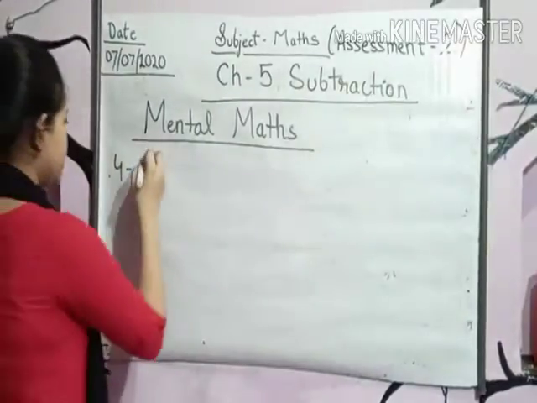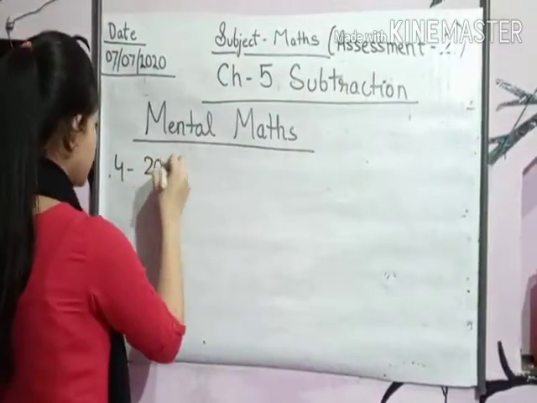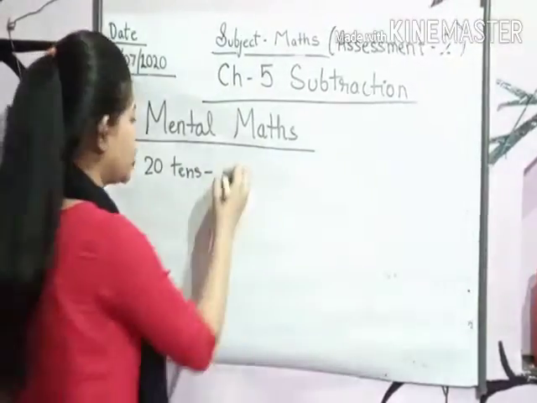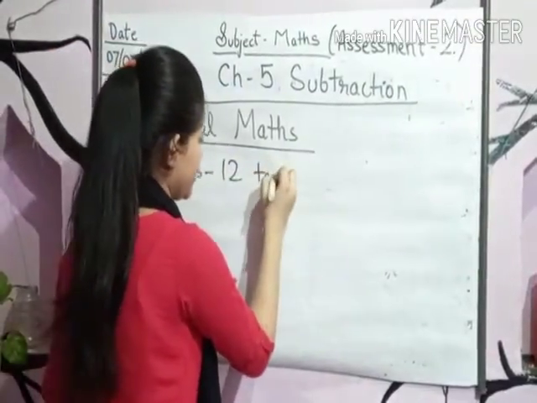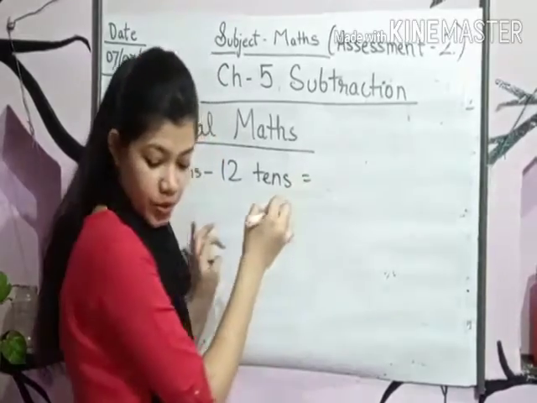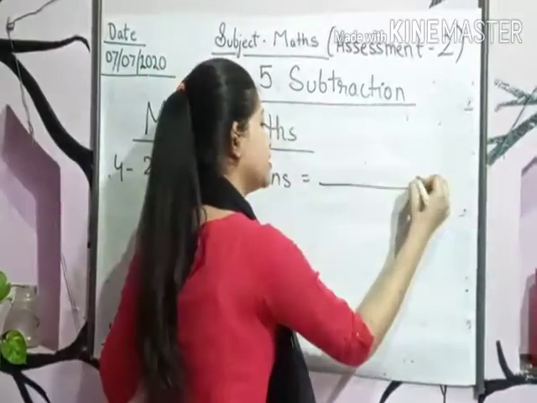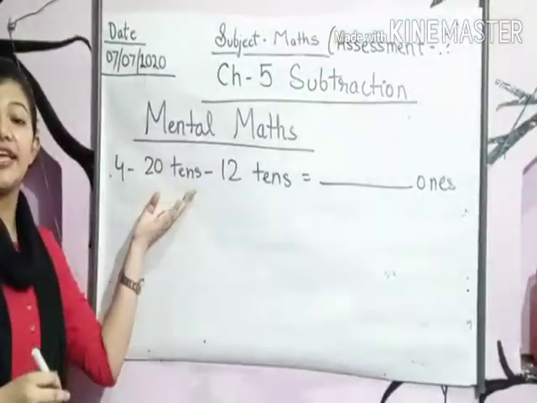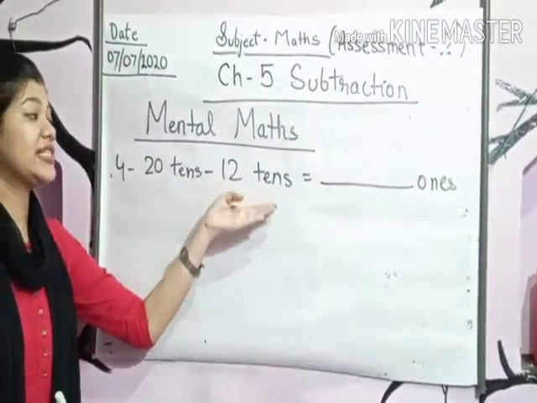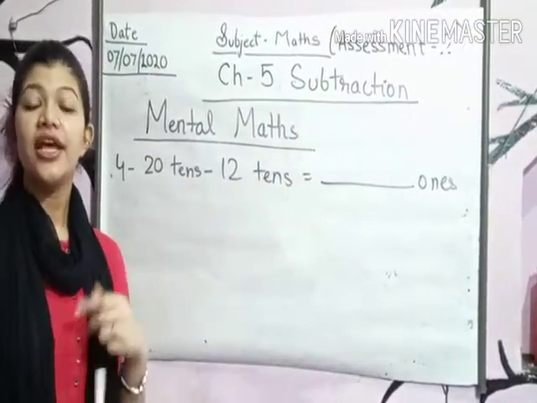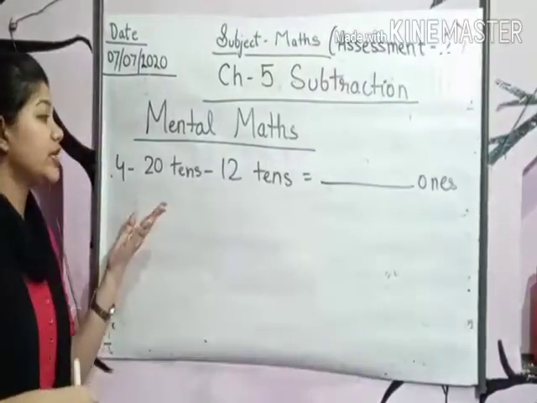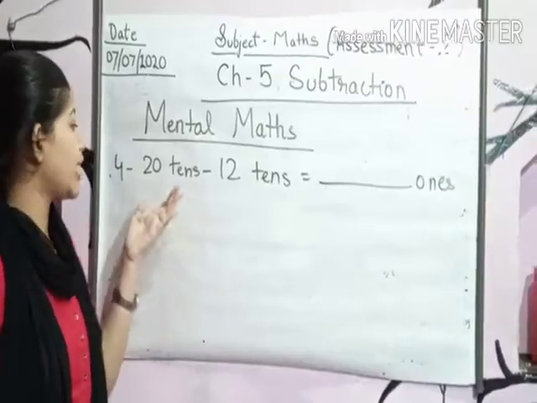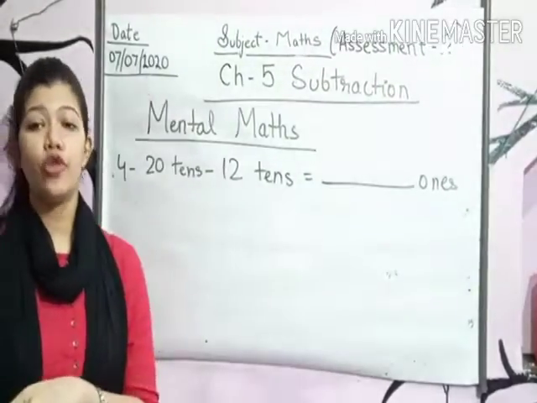20 tens minus 12 tens is equal to dash ones. Now see here. Before solving questions like this, you should know how to write 20 tens in number form.